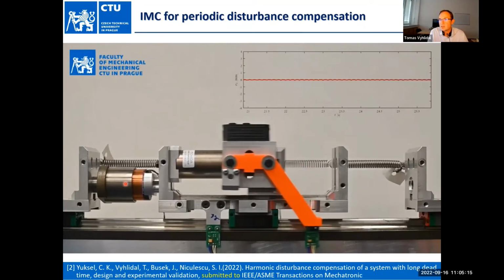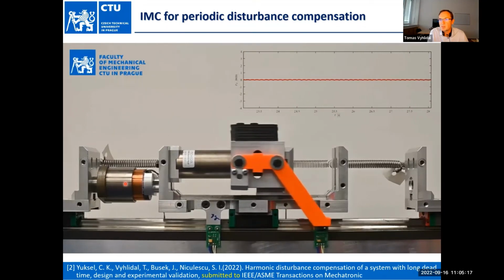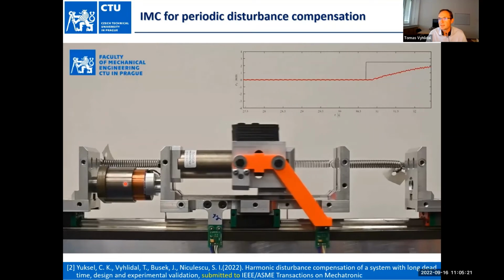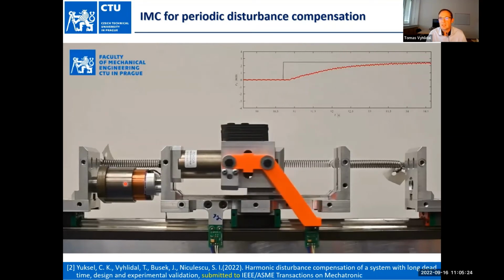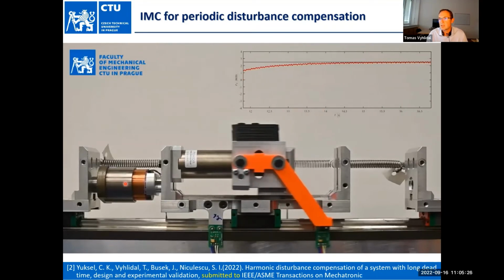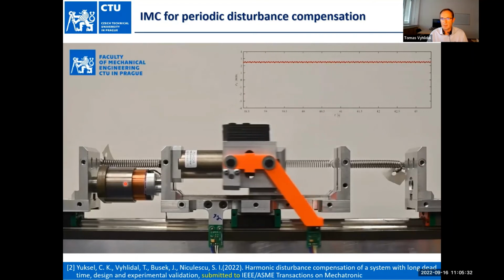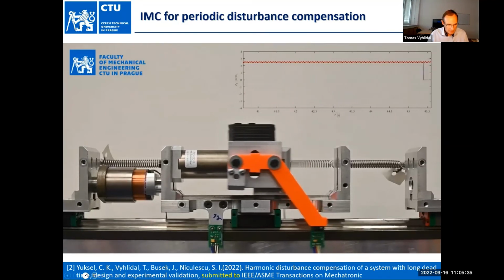Jan Yüksel and Jaroslav Bušek did great work, because I didn't expect that it would work so nicely. Here you see that it can do the reference tracking. So you come back to 0, or maybe I will shift it a bit.